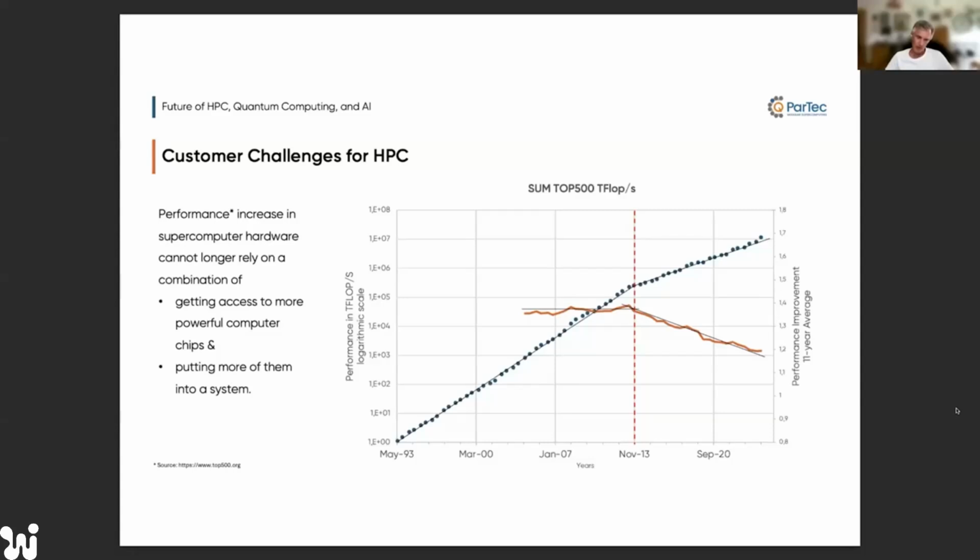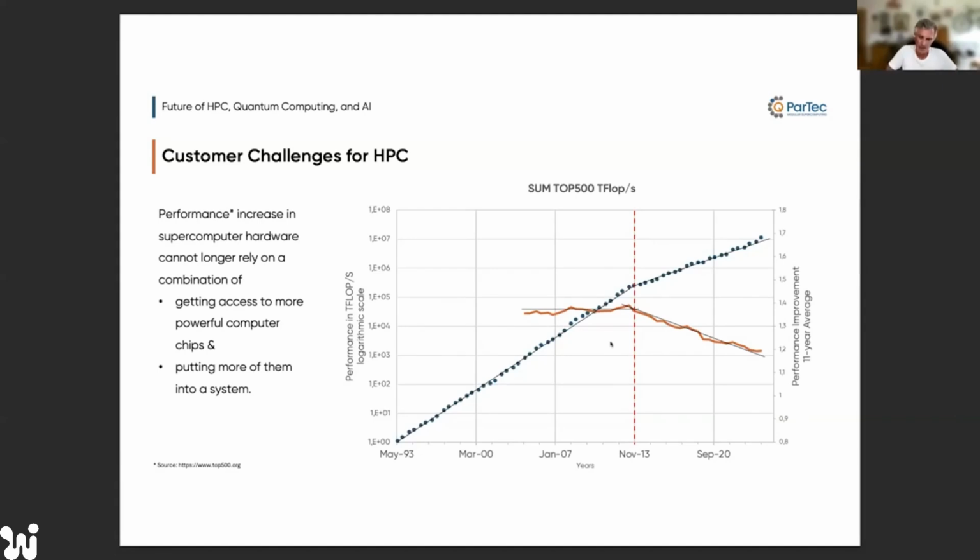That means when you look, for example, at the 11-year average of the performance improvement on the second axis, which is this orange line here, it is almost a flat line until 2013. So there is only a smooth performance improvement over the beginning of the Top500, but after 2013, it's going down.